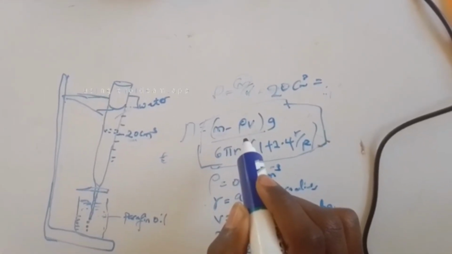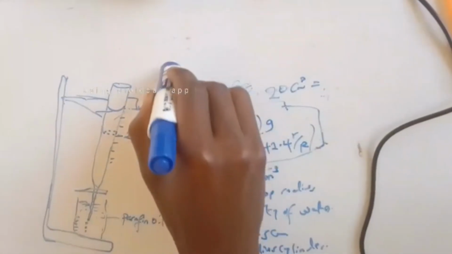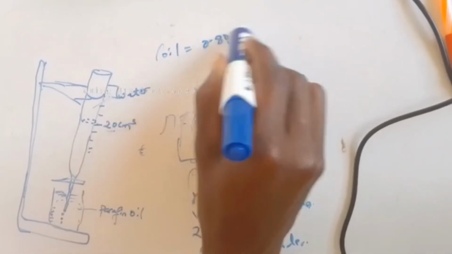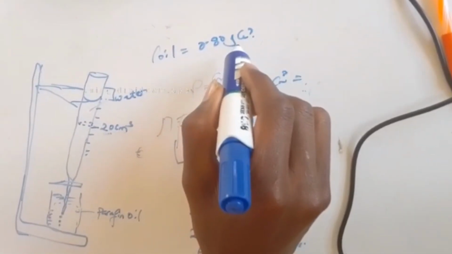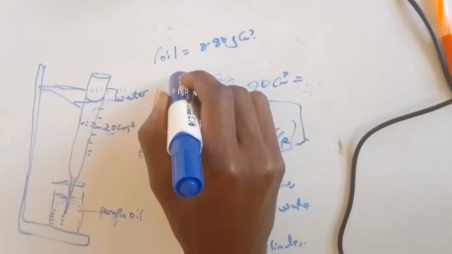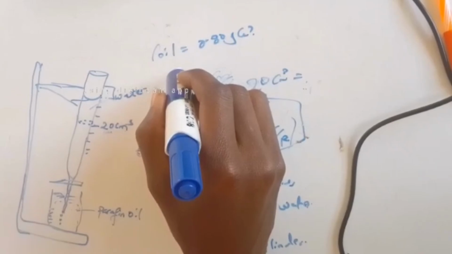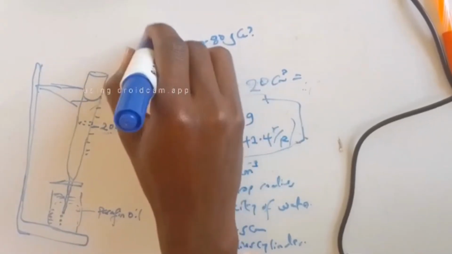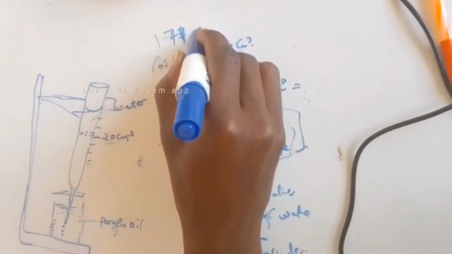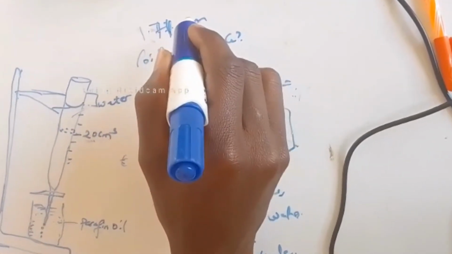And remember that the density of oil was given as 0.80 grams per cubic centimeters. Then the radius of a drop, you should be getting as 1.71 millimeters, that is for water.